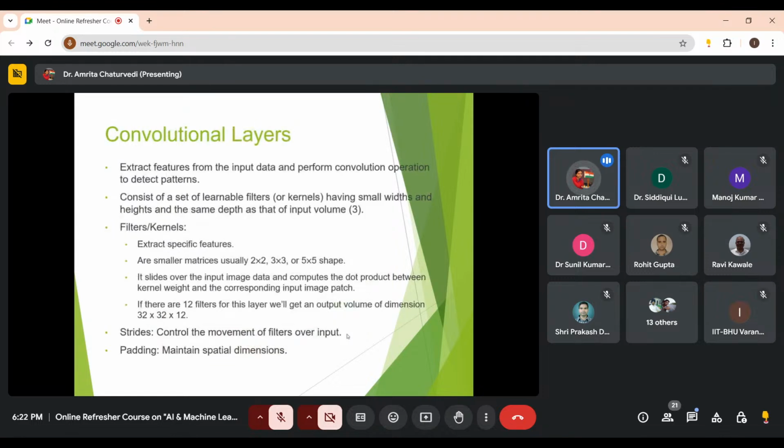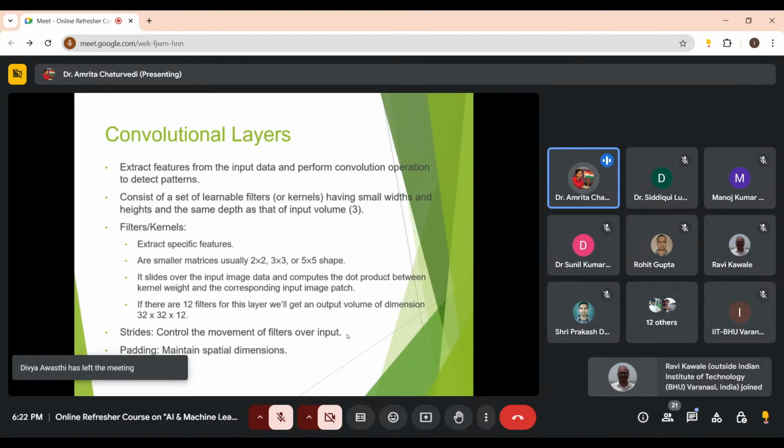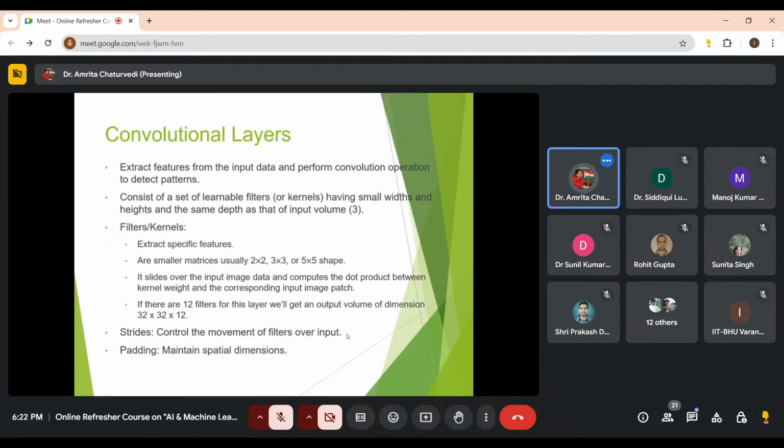Then we have the convolutional layer. This layer is responsible for extracting features from the input data and performing the convolution operation to detect patterns. It consists of a set of learnable filters or kernels having small width and height and the same depth as the input volume, that is 3, right?